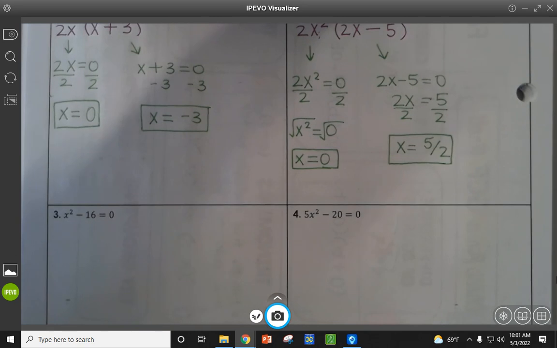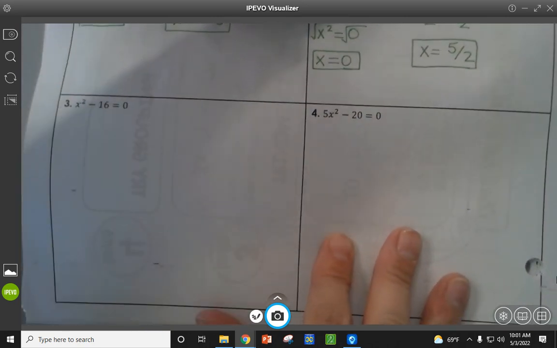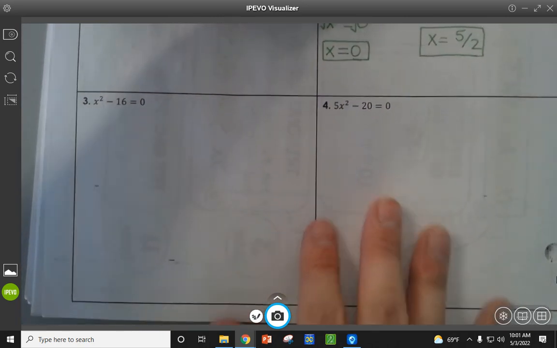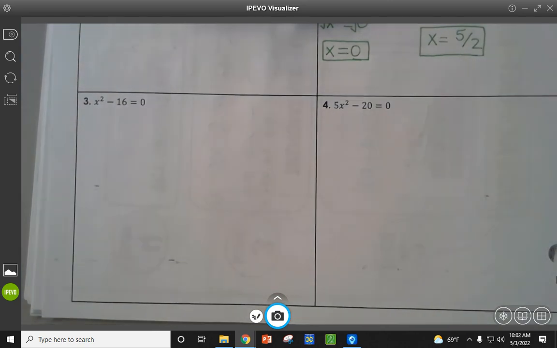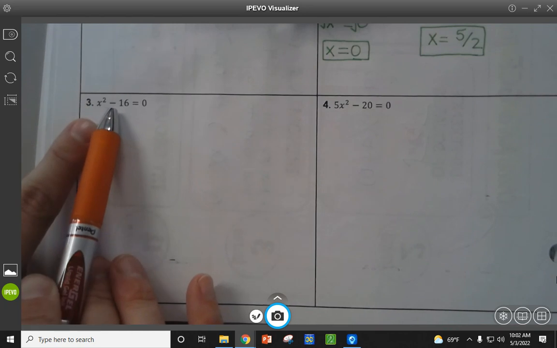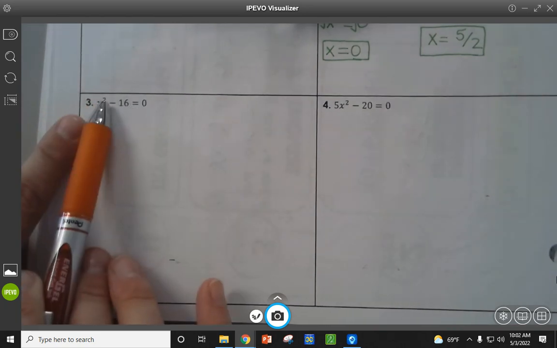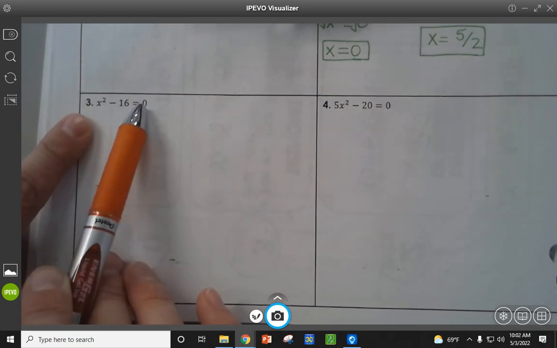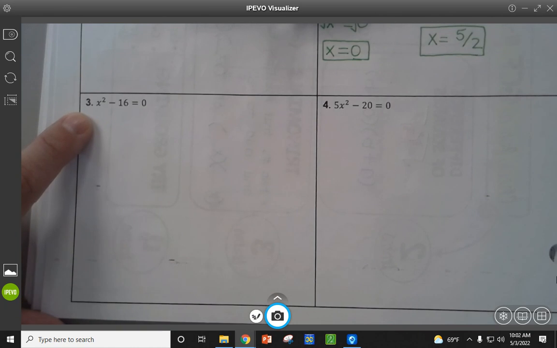All right, number 3. Is there a GCF? No. How many terms do we have? 2 terms. Is it a difference of squares or a sum or a difference of cubes? It's a difference of squares. X squared is a perfect square and 16 is a perfect square.